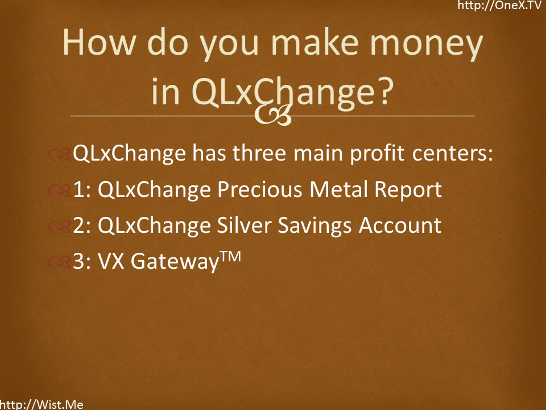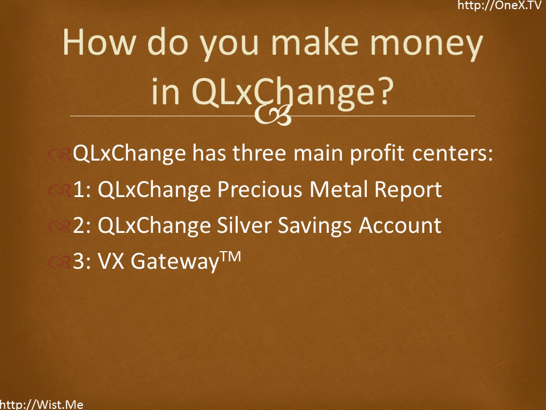It will do everything that a normal bank does. So if you are using, let's say, Western Union to send money to your mother or friend or child in another country, you can use the QLxChange bank, or let me not use the word bank because it is not a bank, the gateway.